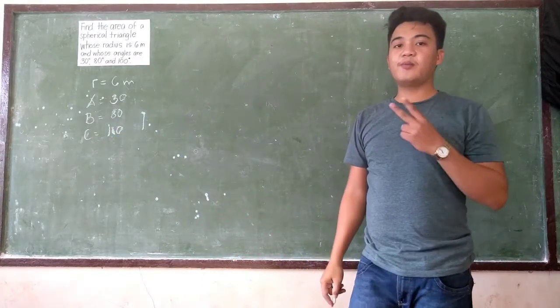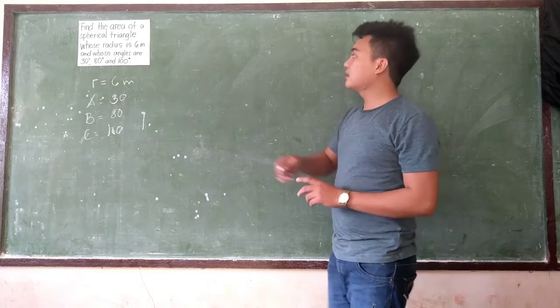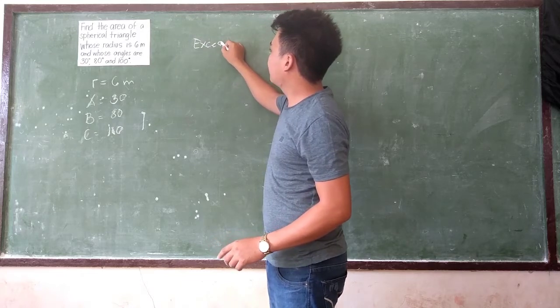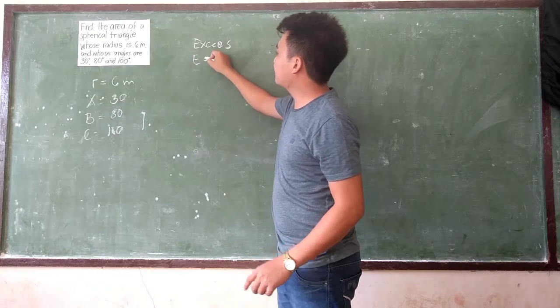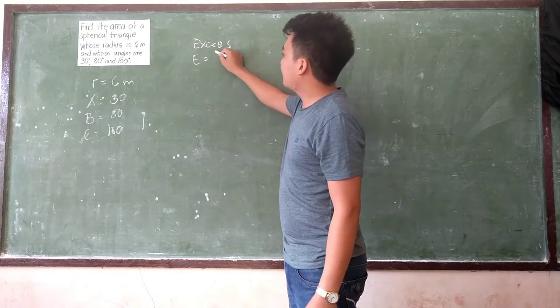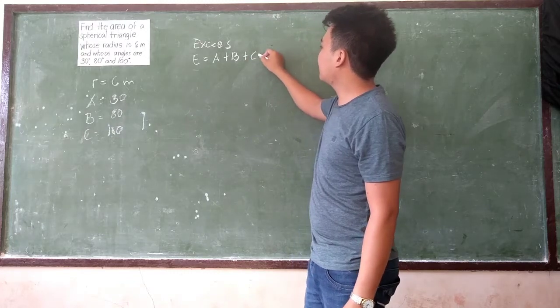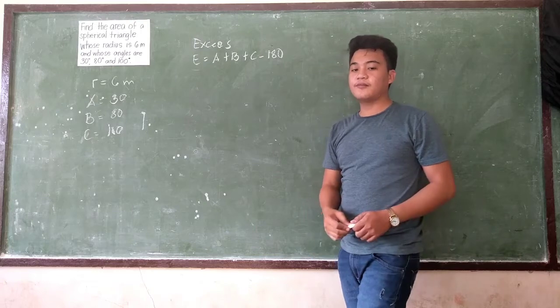So always remember the two formulas in finding the area of a spherical triangle. The excess formula, E equals A plus B plus C minus 180.